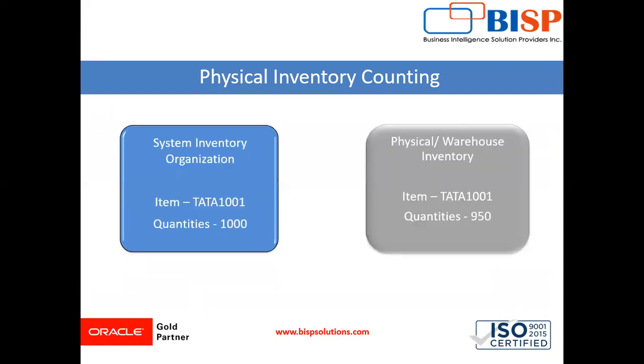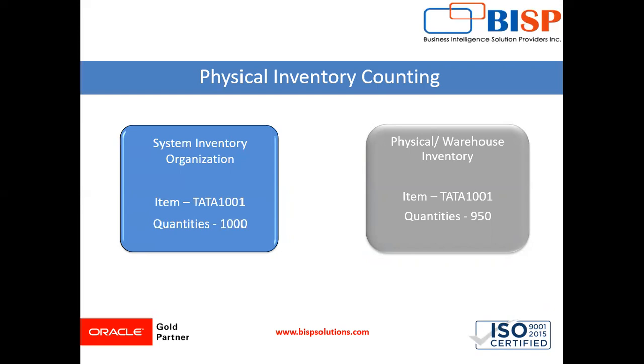So physical counting is the process where the on-hand quantity in the system is matched with the physical inventory. Physical inventory is nothing but the warehouse where the items are stocked and maintained in the inventory. These on-hand quantities in the warehouse must match with the system inventory organization, right?